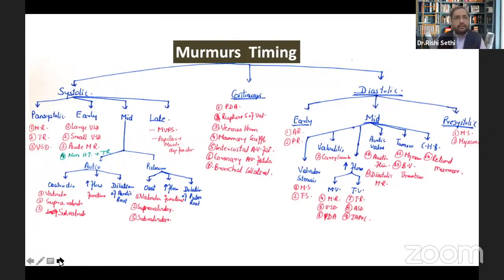The late systolic murmurs are generally murmurs that will start somewhere in the middle of systole, but will continue up to S2, and that is classical for mitral valve prolapse syndrome. The LV starts to contract.